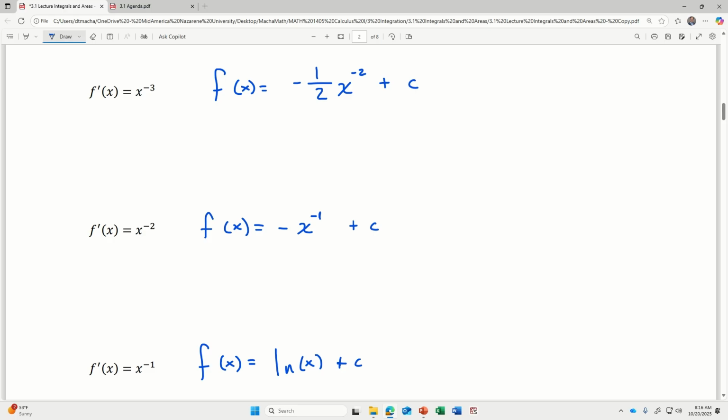I mean, I'm not trying to trick anybody, but it doesn't follow the rest of the pattern, you know. It's the one x raised to some power function where the answer isn't x raised to the same power plus 1. When you have 1 over x, the antiderivative is the natural logarithm.